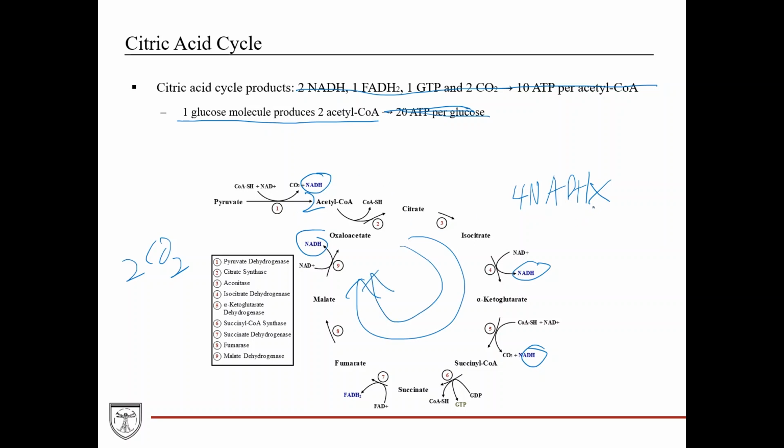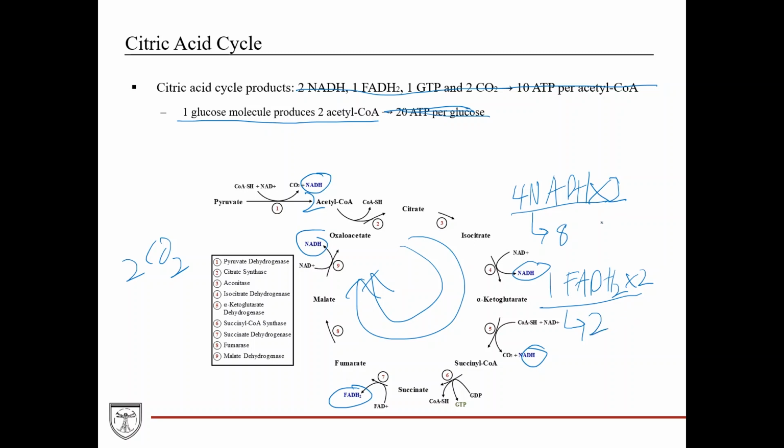So that'll be times 2. So you end up producing 8 of these. And then you have 1 FADH2, which is produced during this, and again, times 2. So that will give you, obviously, 2 FADH2s as a result.